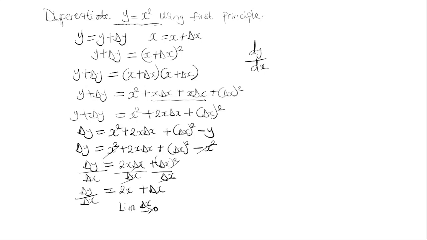And then this one will change to dy dx. So we'll be having dy dx equal to 2x plus 0, because delta x is tending to 0, so delta x is automatically 0. Then our dy dx will be equal to 2x.